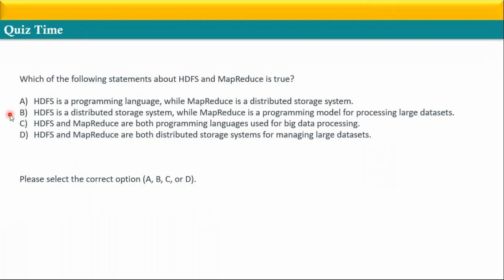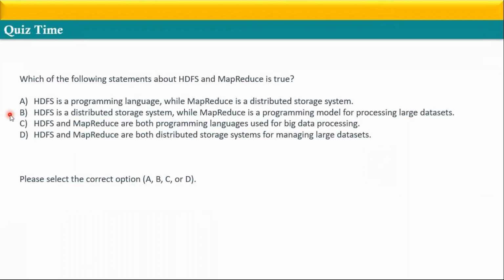Naresh, can you try? Why is B the correct answer? Sir, HDFS is actually a storage system, and MapReduce we are using for data processing. That's why B is the right answer. That is perfect. We know very well that Hadoop has two main components. First one is HDFS, and second one is MapReduce.